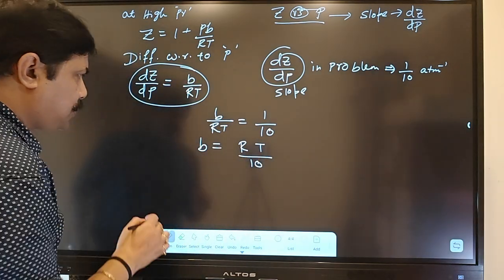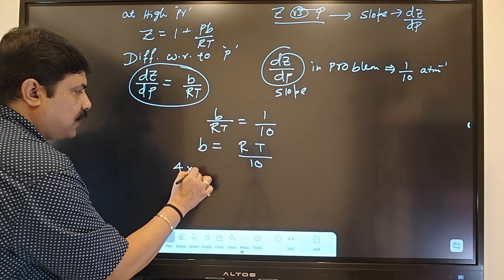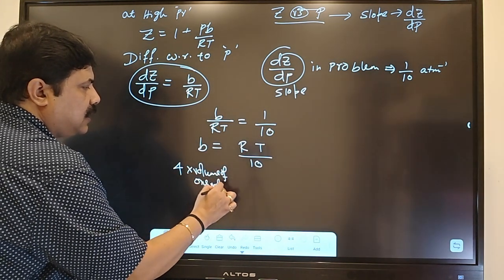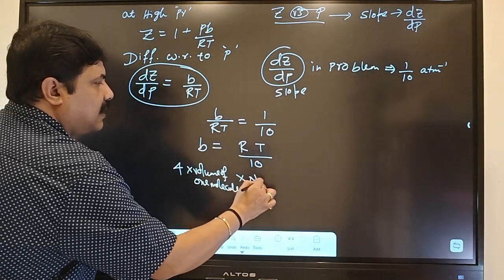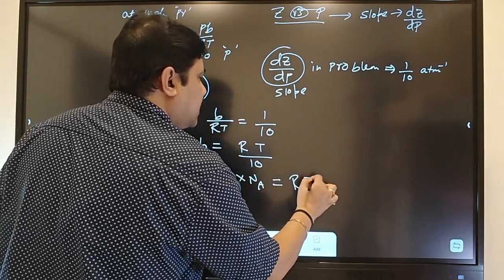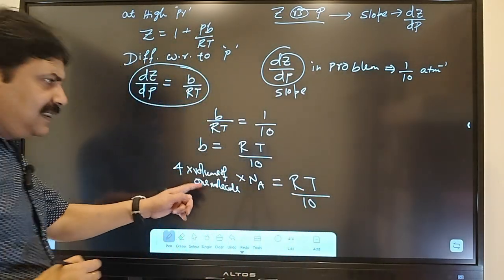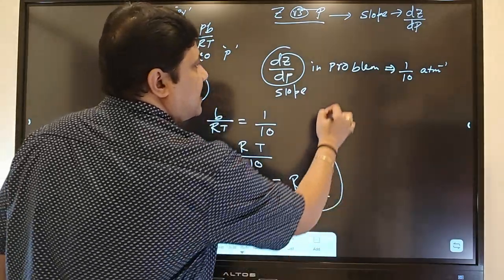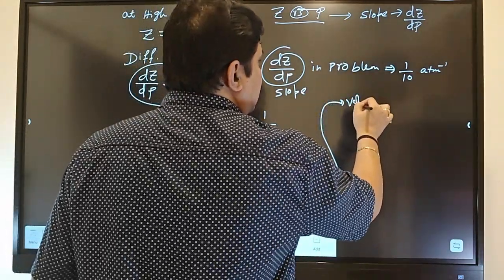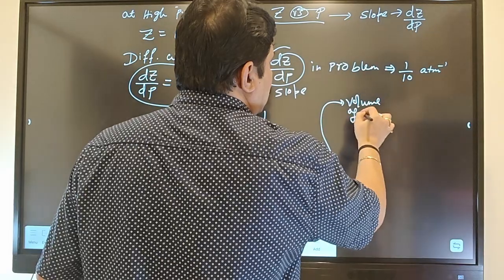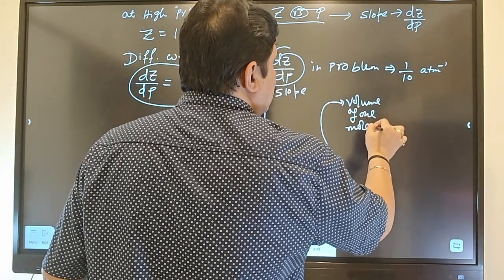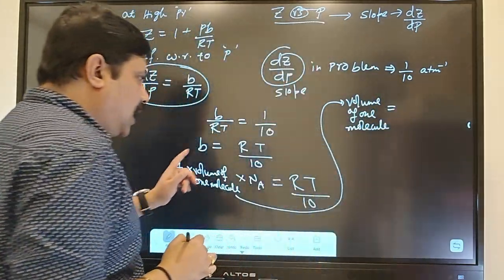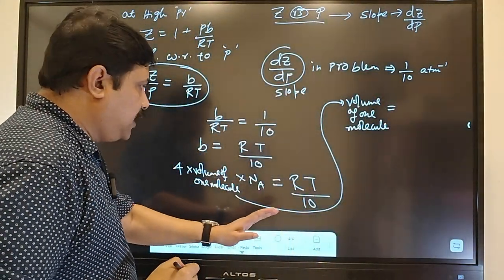Again we know B equals 4 into the volume of one molecule into the Avogadro number, which equals RT by 10. Now in the question they are asking for the volume of one molecule. So from here, the volume of one molecule will be equal to RT by 10 divided by 4 Na.